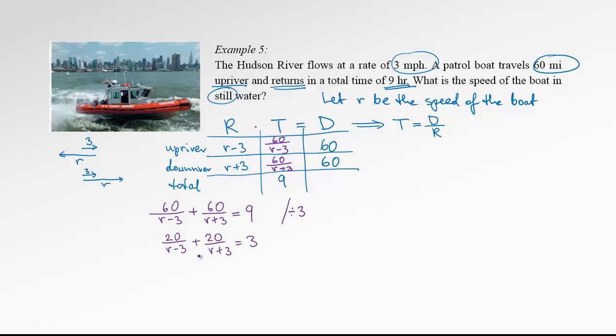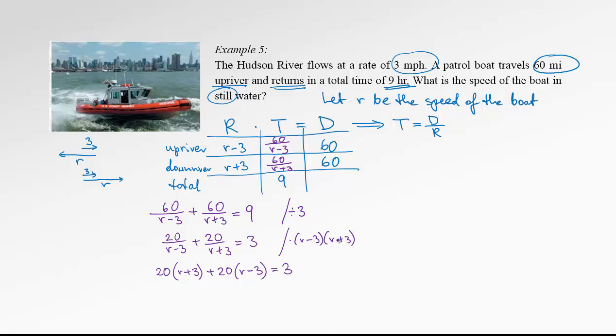And now we can get rid of those denominators, multiplying the whole equation by r minus 3 and r plus 3. Okay, so the first term would be 20 times the missing bracket, which is r plus 3, plus 20 times the other missing bracket, which is r minus 3, equals overall 3 times the two brackets.